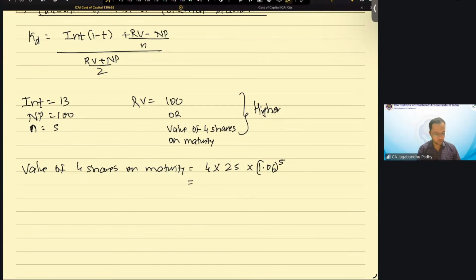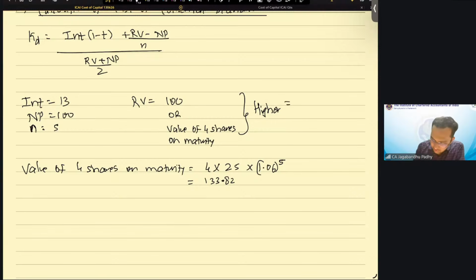It's 133.82. So value of 4 shares on maturity is 133.82.